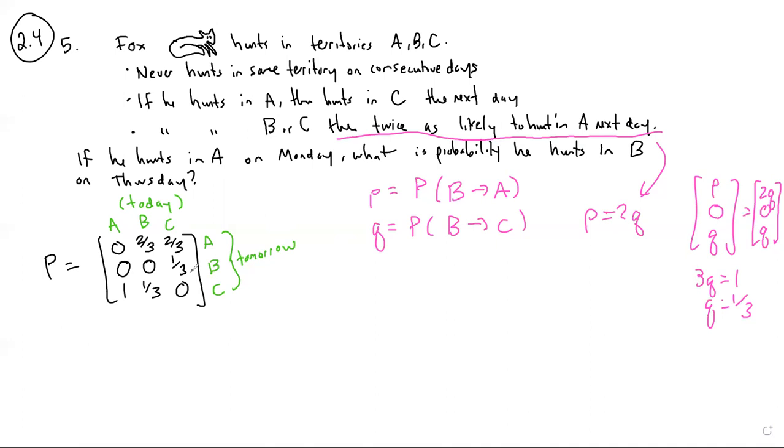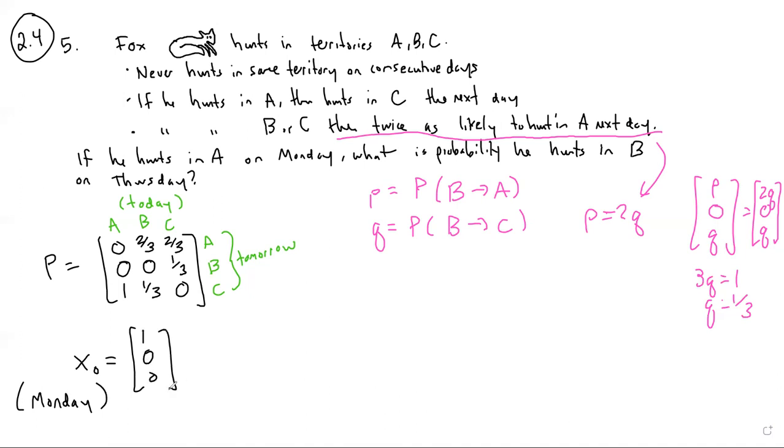It tells us how we go from one event to the next, or one day to the next, in this scenario. We're told he hunts in A on Monday. X0 is going to represent where he hunts Monday, and since he hunts in A, I'm going to make that 1, 0, 0.